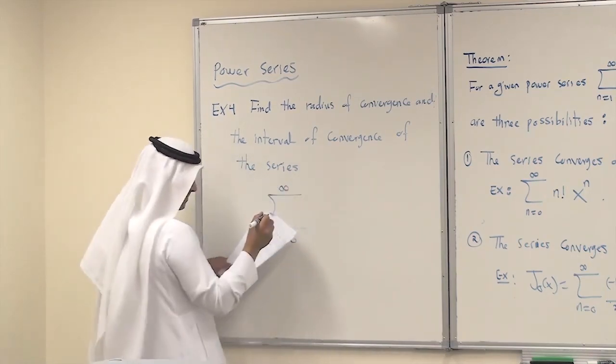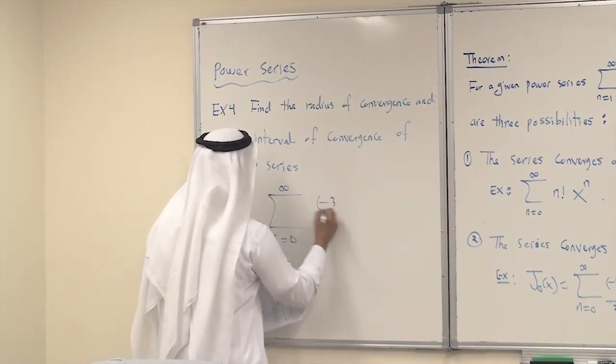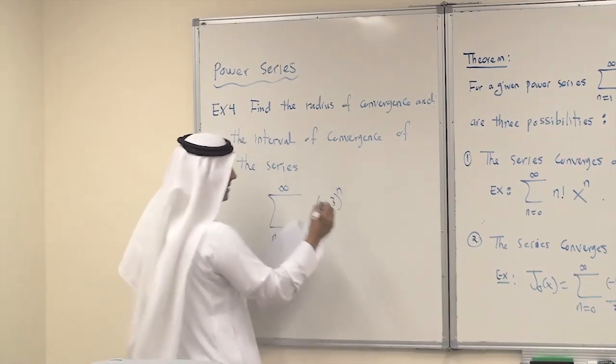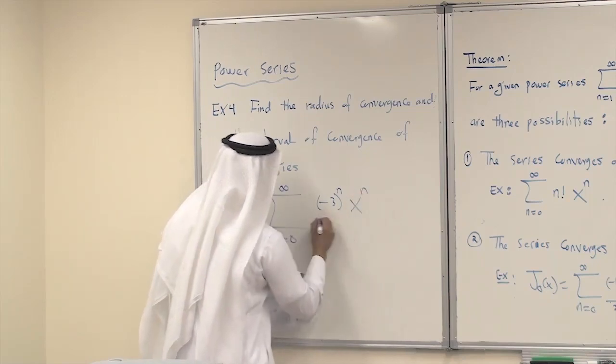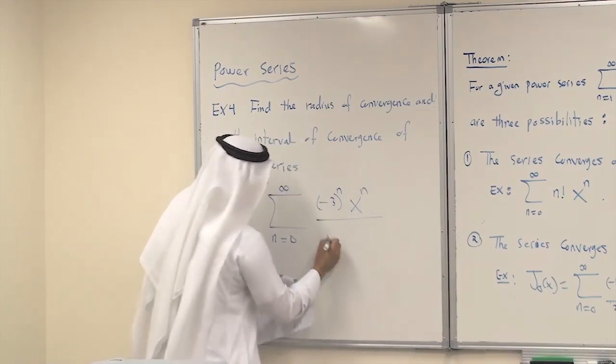This is what we have. And this is minus 3 to the power n, and that is x to the power n divided by square root of n plus 1.